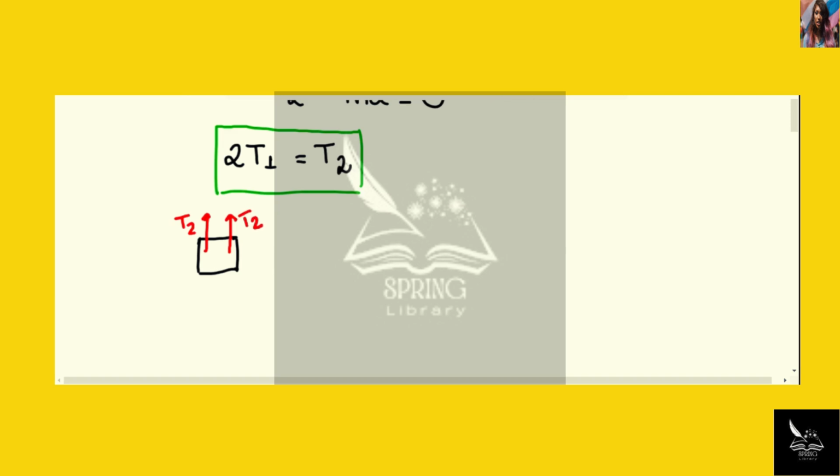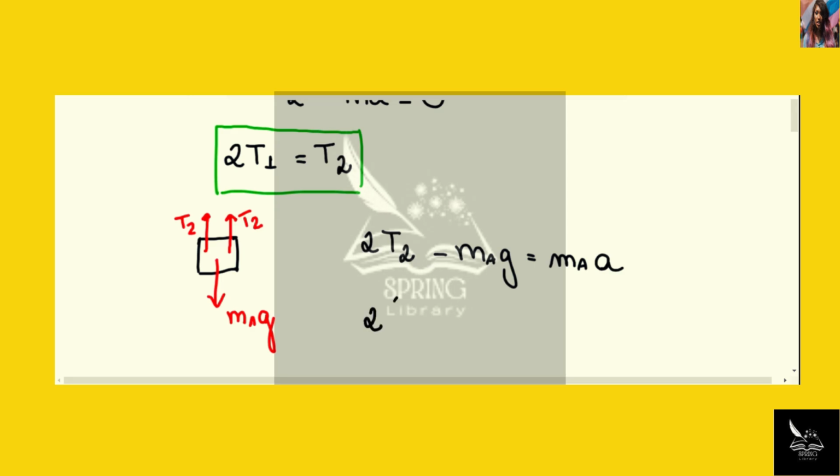We have the gravitational force MAG that's pulling the block down. And if we apply Newton's second law, we have that 2 times T2 minus MAG is equal to MA times the acceleration of the block A.